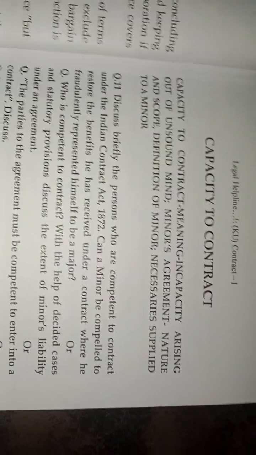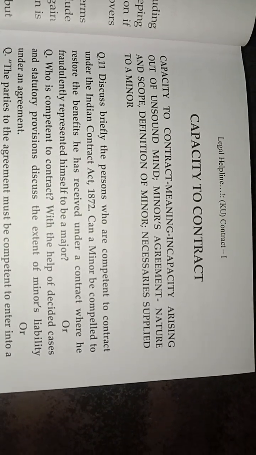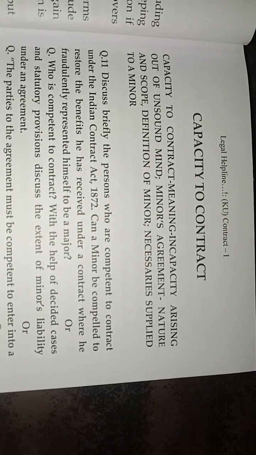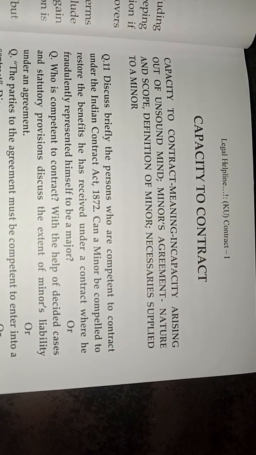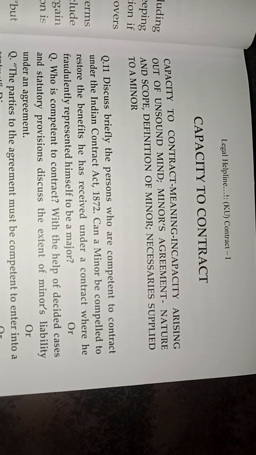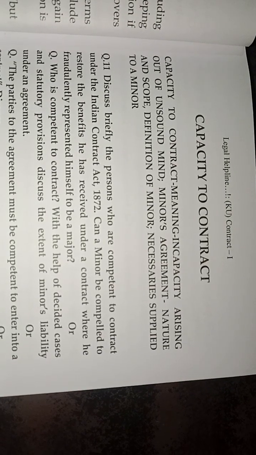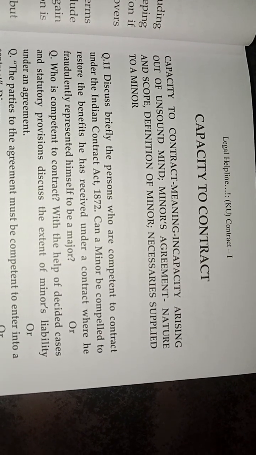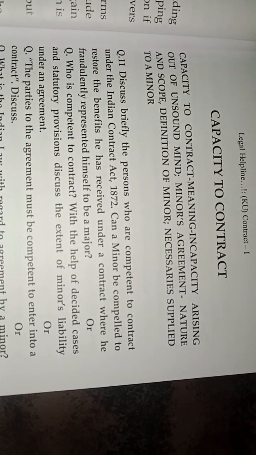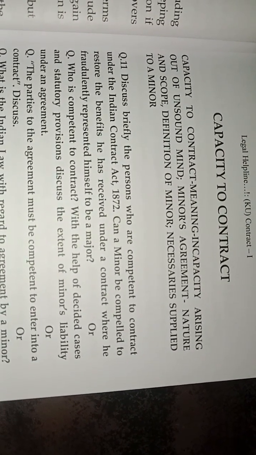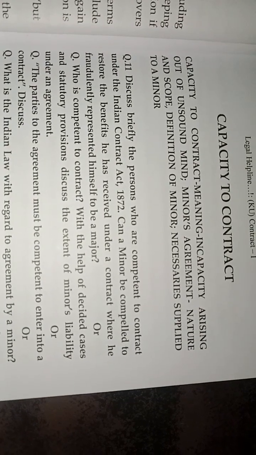Capacity to contract. Capacity to contract meaning, incapacity arising out of unsound mind, minor agreement, nature and scope, definition of minor, necessaries supplied to a minor.